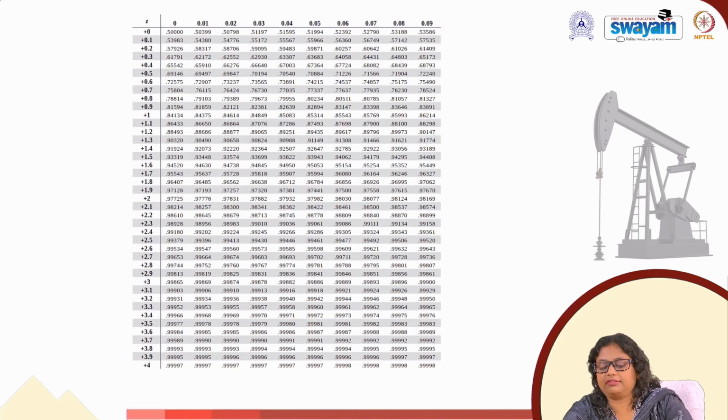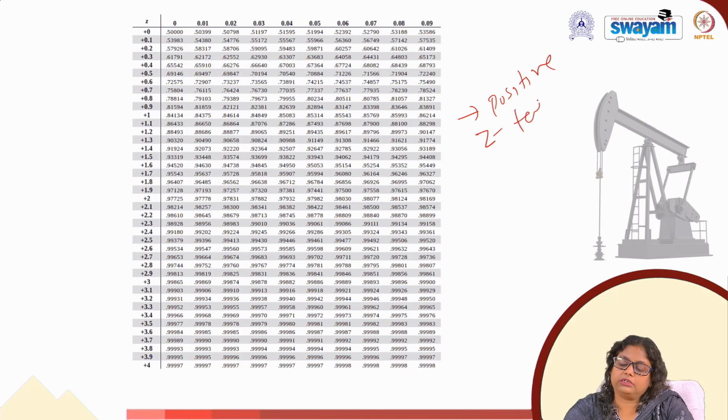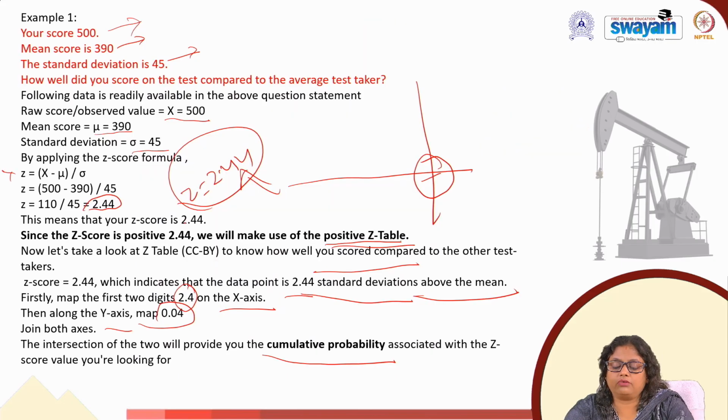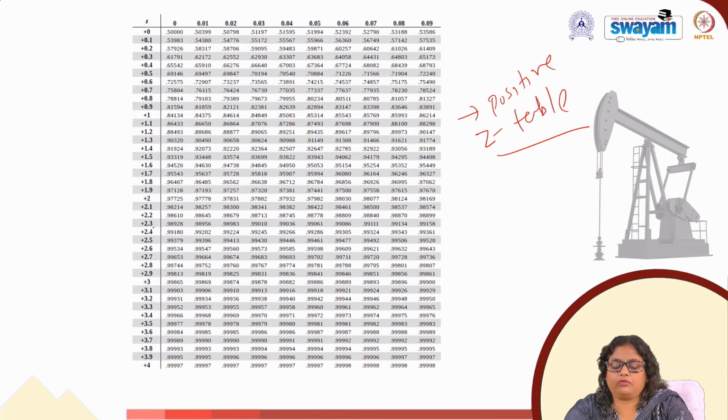So let's see, this is the table. This is the positive Z table we are talking about. Your Z score is 2.44. So 2.4 we can see here. Then 0.04 is here.